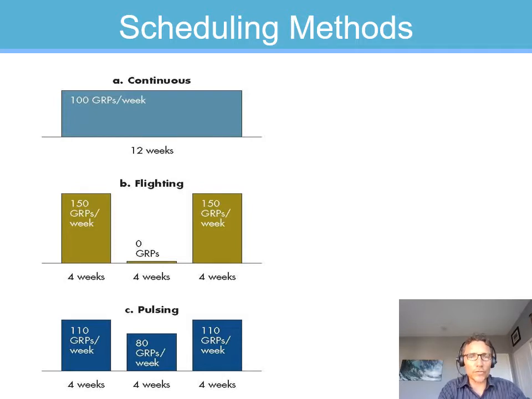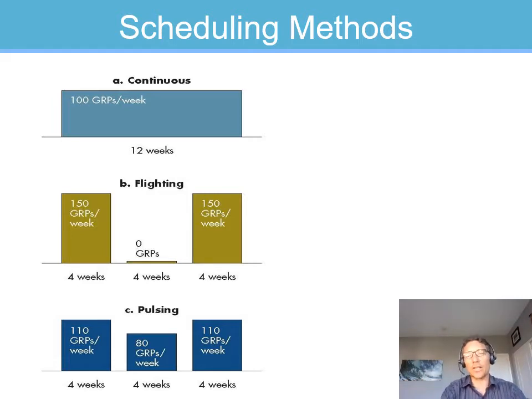So another way of running media is a flighting schedule. A flighting schedule is where you're heavy for a week and you're off for a week, and you give your customers a chance to rest from seeing your ads, and then you come back again for a week. So that's flighting: on, off, on, off. And then the third option is a pulsing schedule, where you come in with a lot of ads one week, and then the next week you're still running ads, but you're much softer, with fewer gross rating points, and then you come back strong.